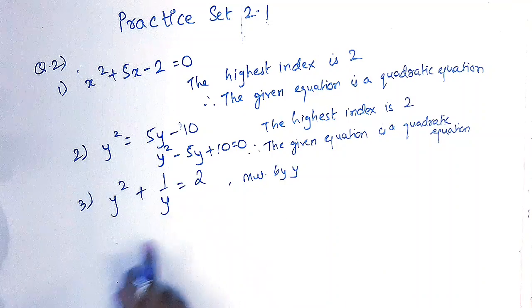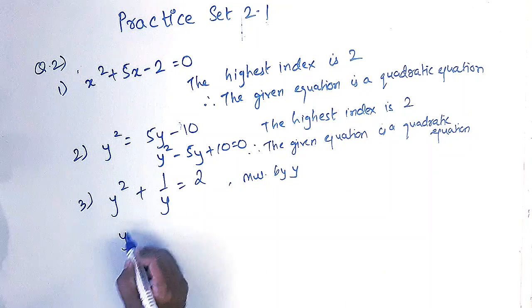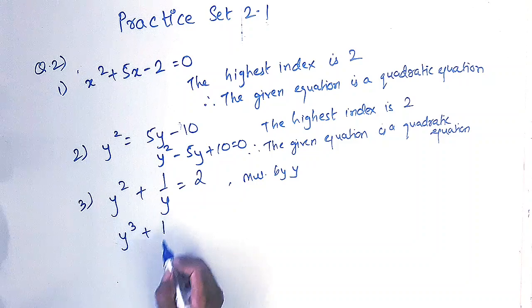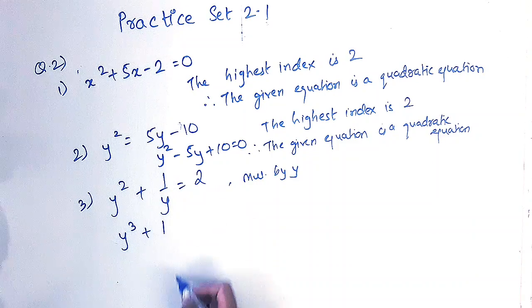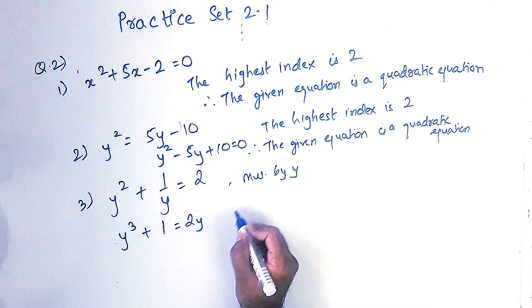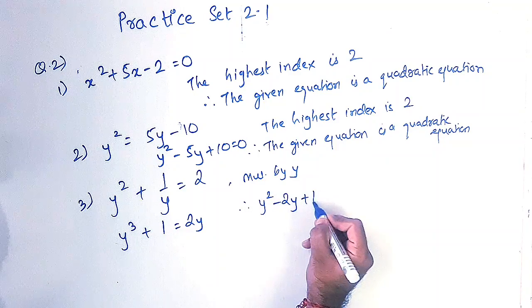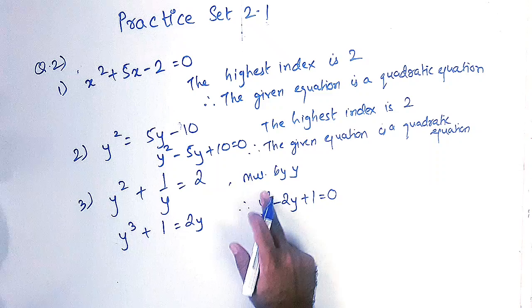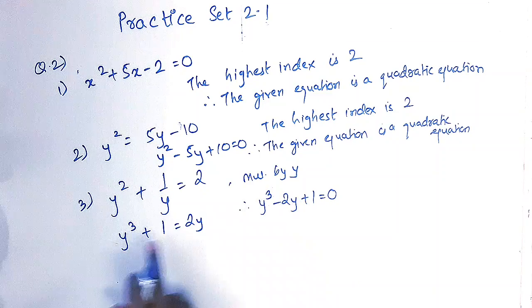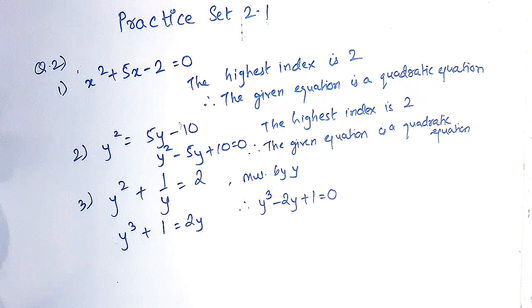If I multiply the whole equation by y, this will become y cube, this will become 1 because y will get cancelled, and this will become 2y. Sorry, this was 3. So we get 3y cube minus 2y plus 1 equals 0.